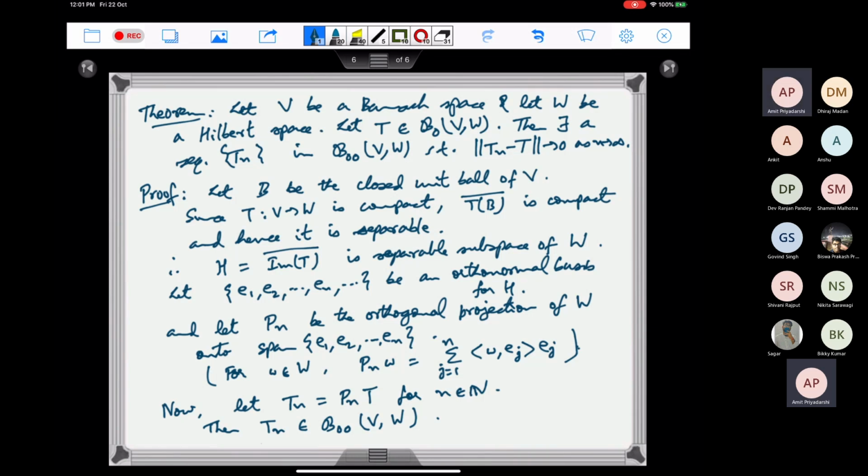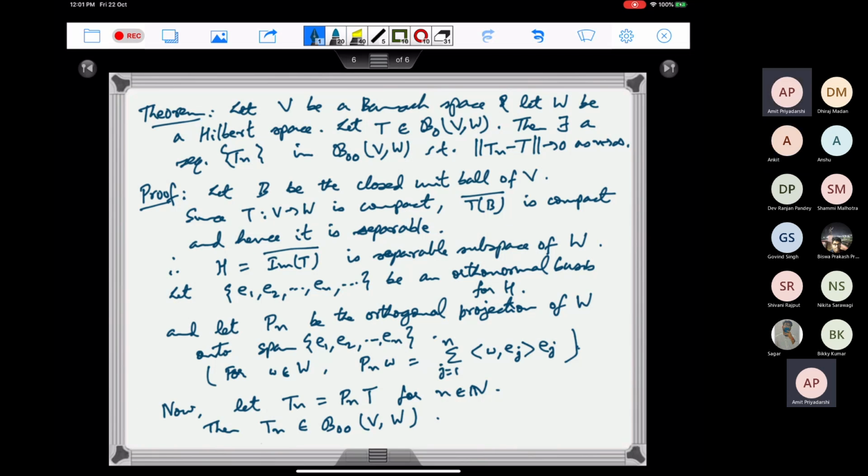Sir, then why is the closure of image T separable? That is a good question.